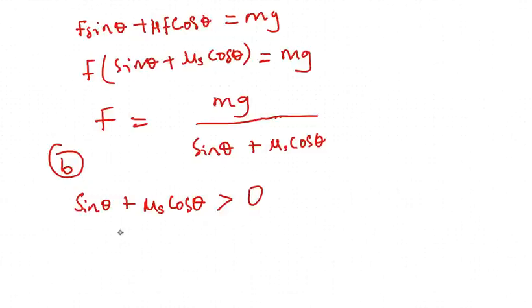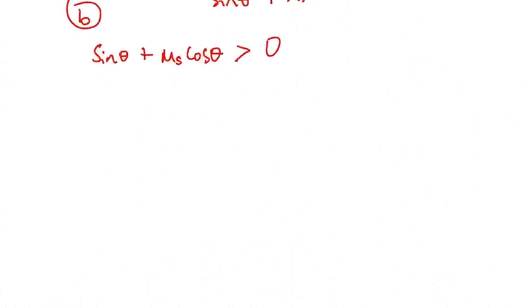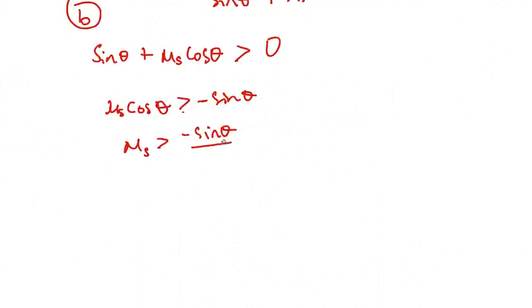So solving for mu s, we have that mu s cos theta is greater than minus sine theta, so mu s will be greater than minus sine theta divided by cos theta.